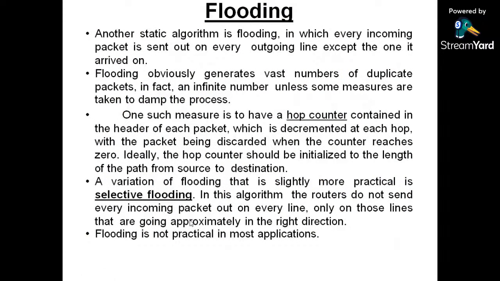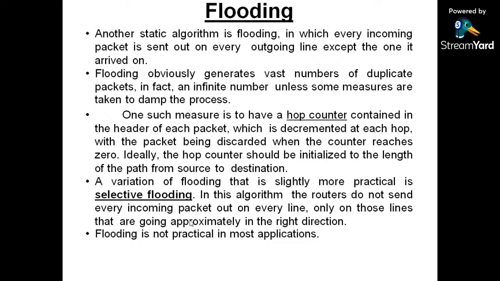Now next routing is flooding. So another static algorithm is flooding, in which every incoming packet is sent out on every outgoing line except the one it arrived on. So flooding obviously generates vast numbers of duplicate packets. In fact, an infinite number unless some measures are taken to damp the process.